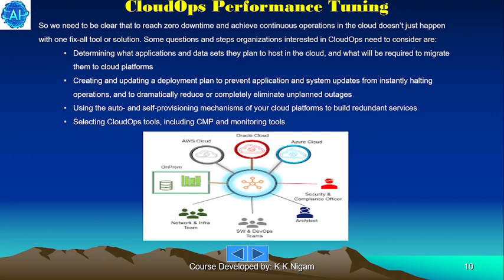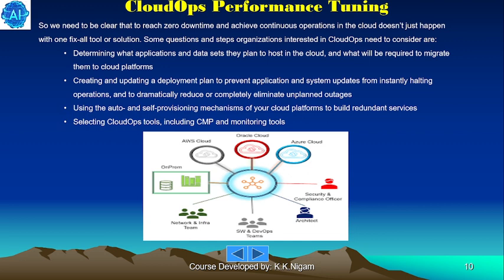So we need to be clear that reaching zero downtime and achieving continuous operations in the cloud isn't just going to happen with one fix, tool, or solution. Some questions and steps organizations interested in CloudOps need to consider are determining what applications and data sets they plan to host in the cloud and what will be required to migrate them to a cloud platform.